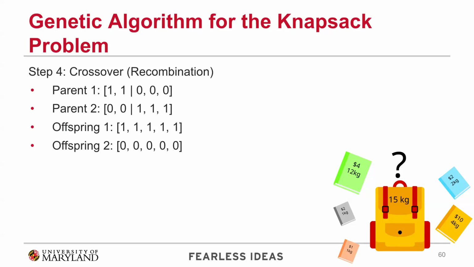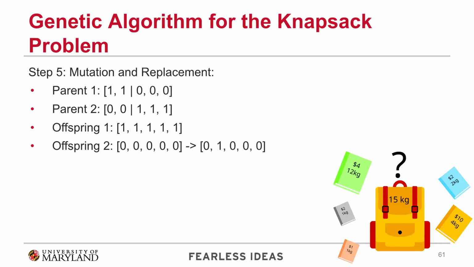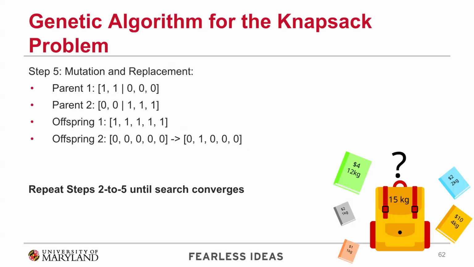You put those offspring back into your population, and you can randomly choose one of the offspring to do some mutation, meaning that you just flip one of the bits in order to increase the diversity of your population. And here you just repeat the steps in order to obtain the final results.